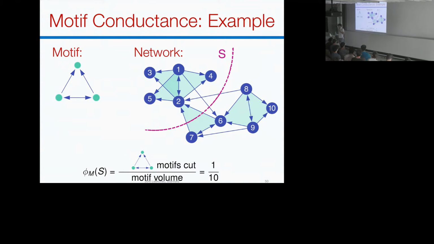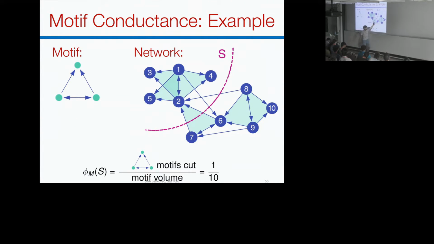Yes? So you mentioned that there is a minimum between S and S prime. Is it going to be a minimum of the number of motifs, or still the minimum of the number of nodes? When you define conductance, you divide by the volume that is on the smaller side.